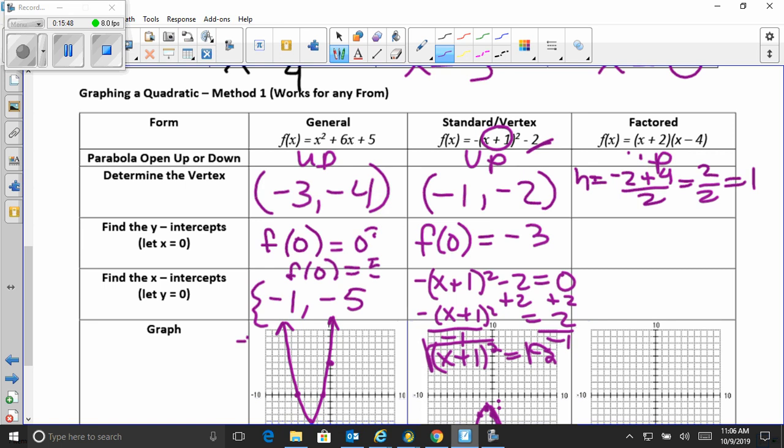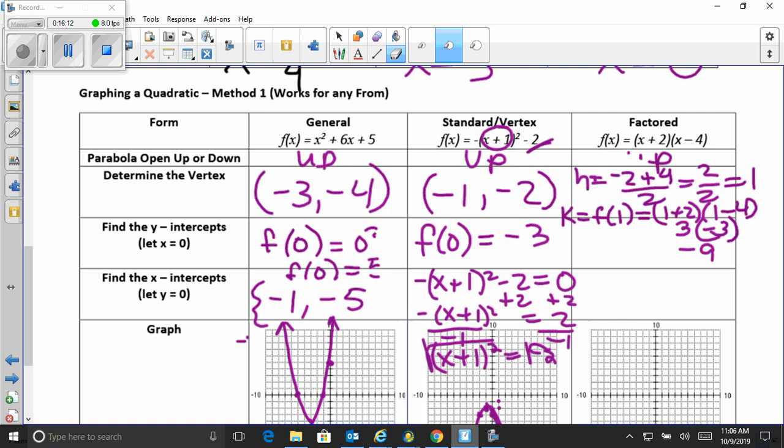So that's our x, and then I plug that into my function, to find my k. f of 1 is equal to 1 plus 2 times 1 minus 4, 3 times -3, which is -9. So my vertex is going to be at (1, -9).